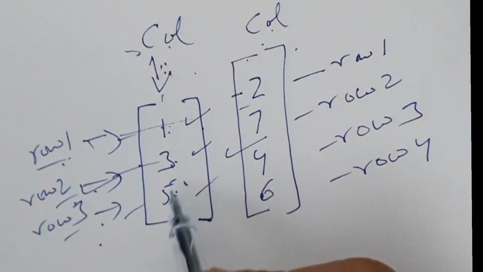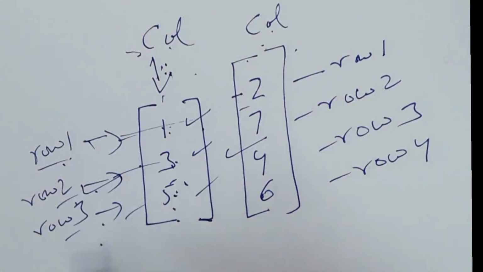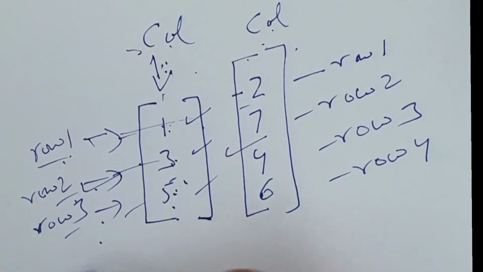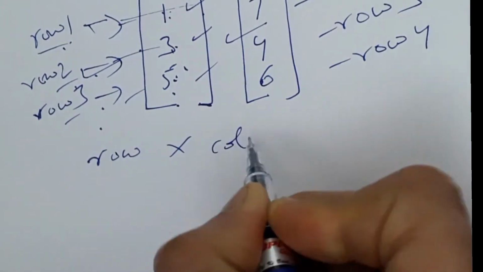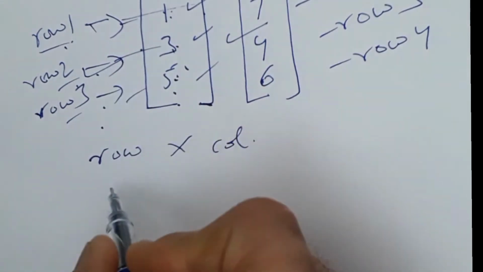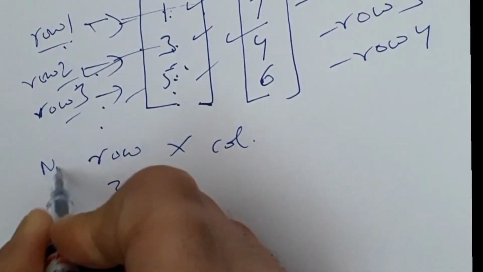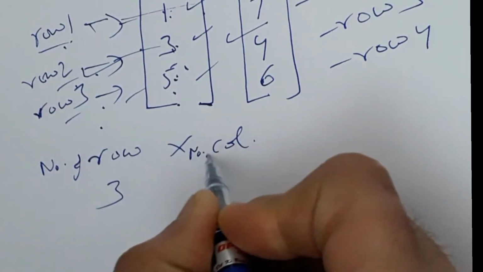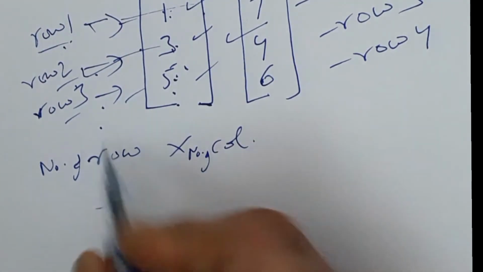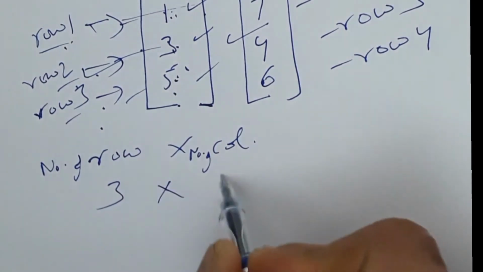So how do we determine the size of a vector? We determine the size of a vector by writing the number of rows into the number of columns. The number of rows is 3 here, and the number of columns is 1.